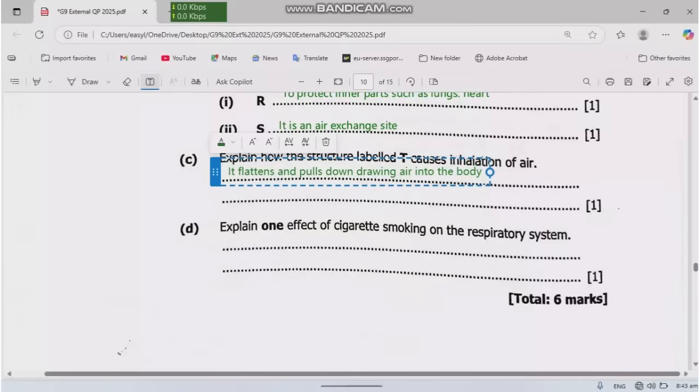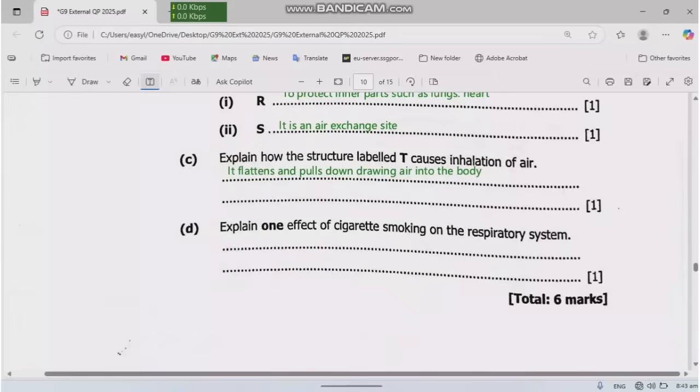So when I say into the body, into the lungs, okay, it flattens and pulls down, drawing air into the body. So when it flattens down, it increases the cavity. It creates room for a lot of air to go in. So when there is a lot of vacuum, air from the atmosphere would want to occupy that area, and then the air is pulled from the atmosphere into the body. Okay, that's how the movement of diaphragm helps to take in air.